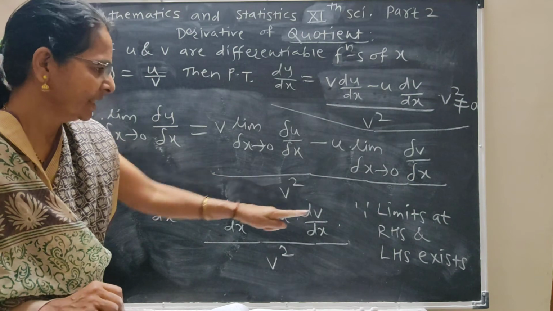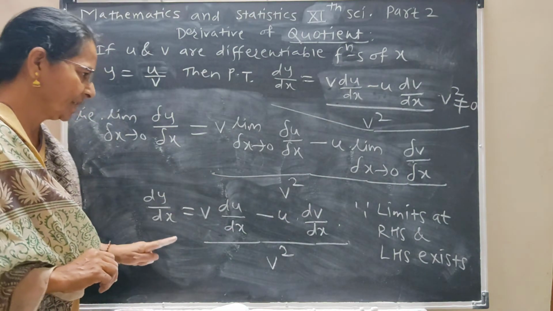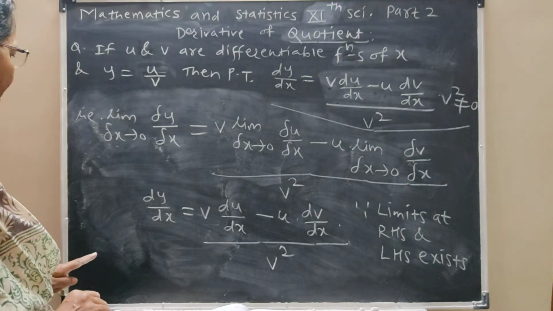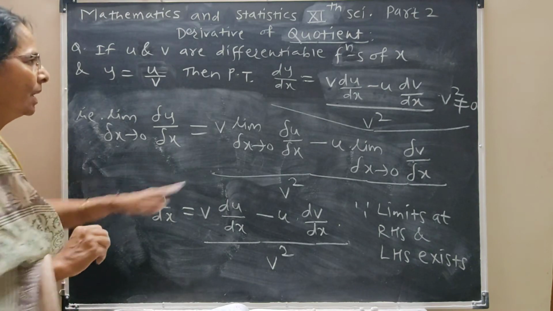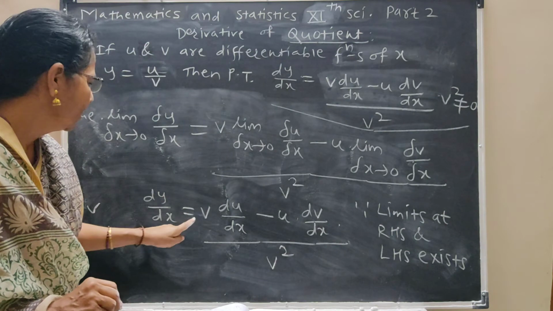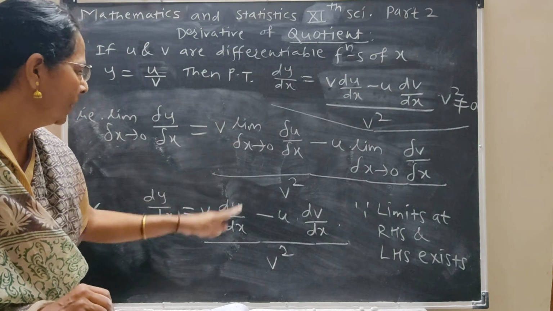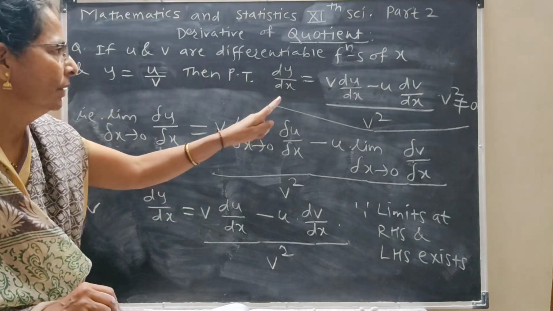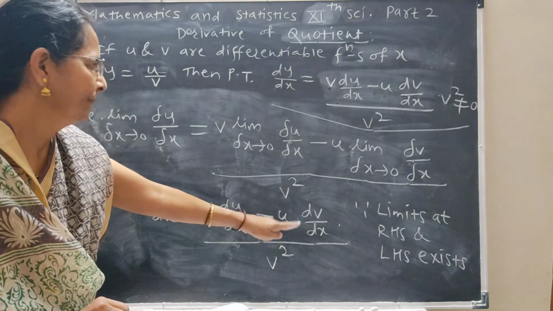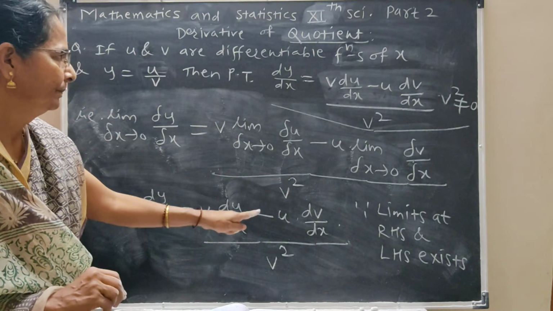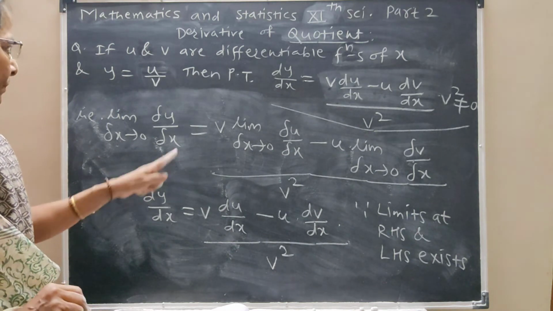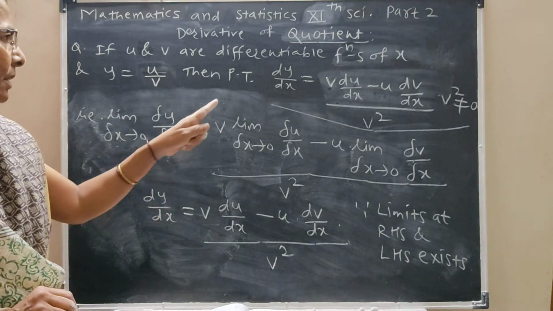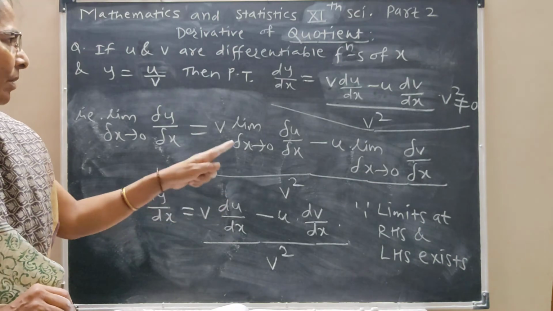And in this way we prove the quotient rule: dy by dx is equal to v du by dx minus u dv by dx upon v square.